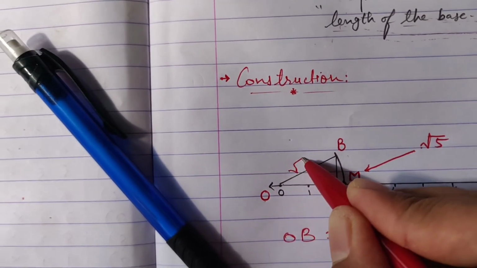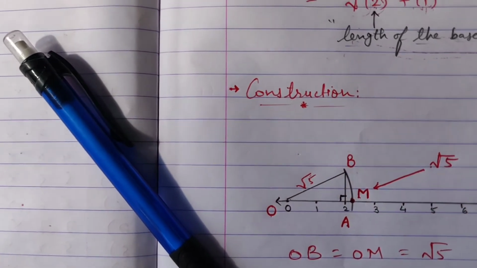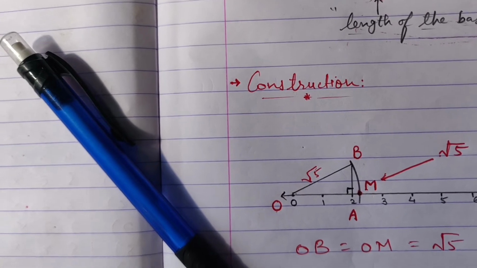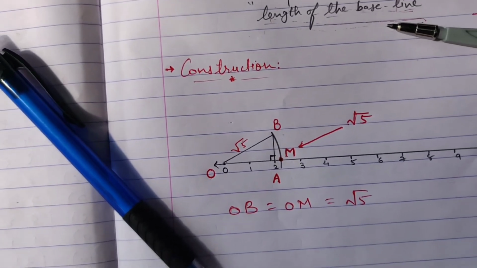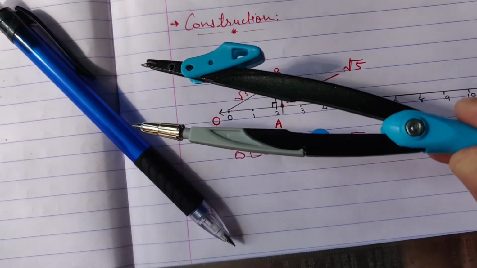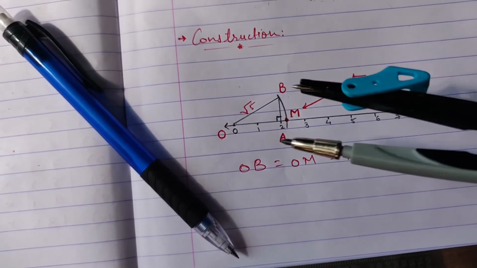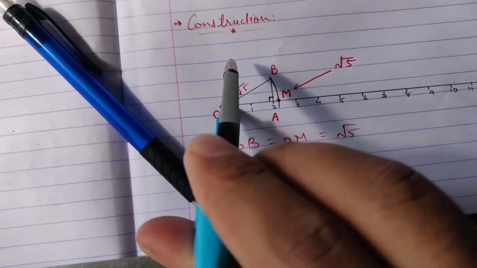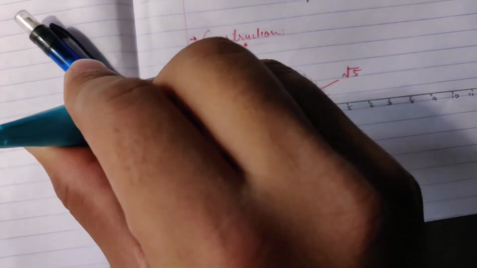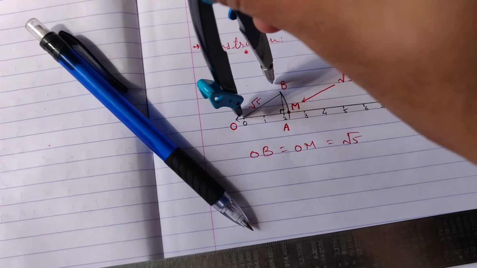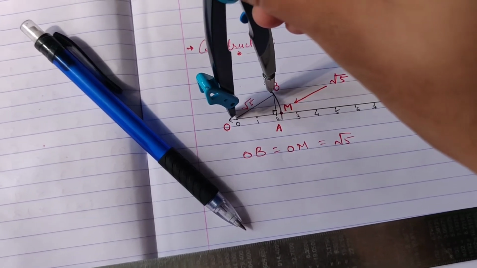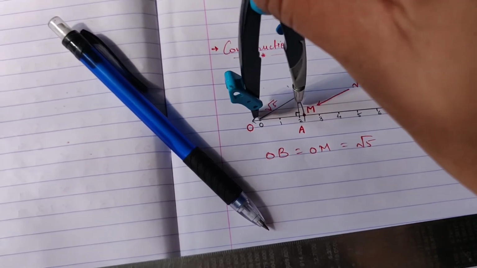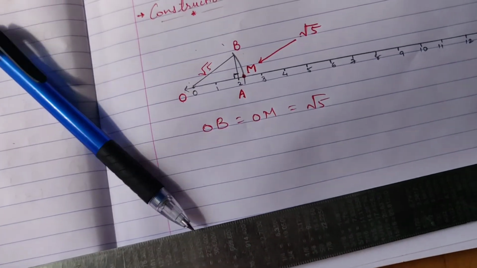Then OB is root 5 now, but OB is not on the number line, and we want the number on the number line. So as previously we have done, we have to use protector, where we will keep the pointed end on the origin always, and we will take the arc by keeping the pencil end on B, and just draw one arc from it.